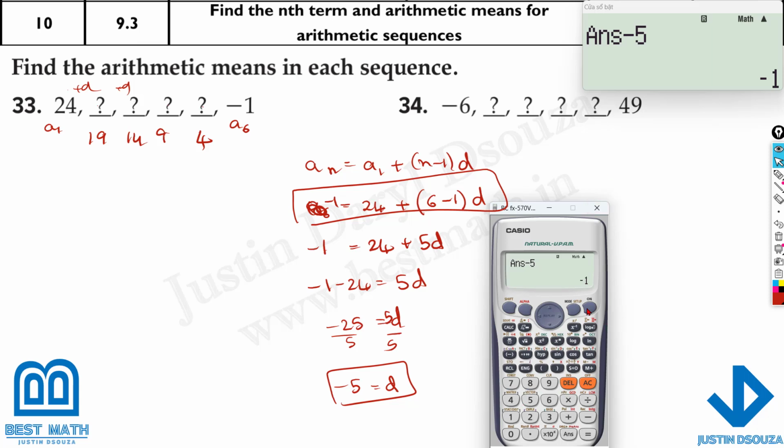Similarly, what is this over here? Now I'll directly write it because it's the electronic part. You should know the formula, but it's better to write the formula and substitute. This is 49 equals, what's the first term? Minus 6 plus n is how much? 1, 2, 3, 4, 5, 6 minus 1. Close the bracket, multiply it with x, the d value.